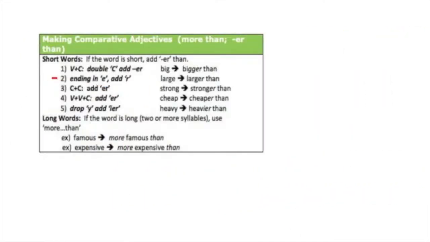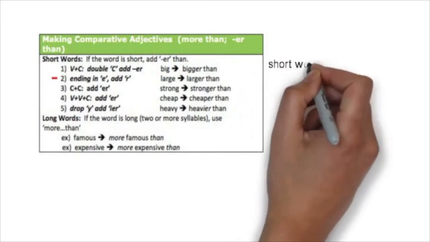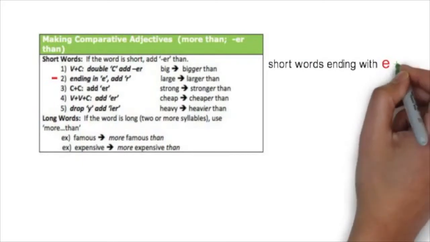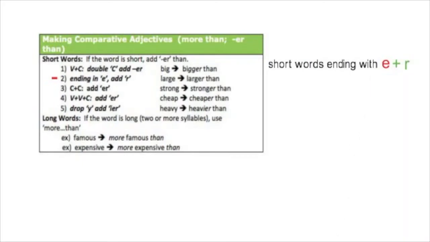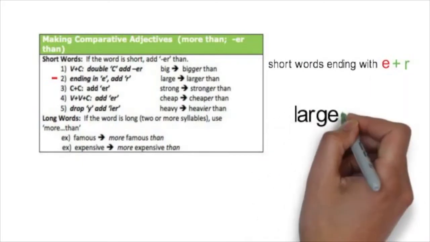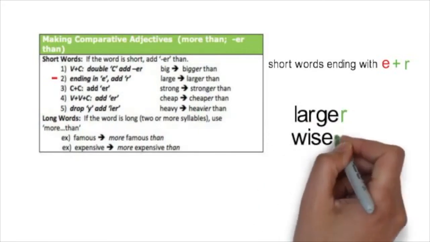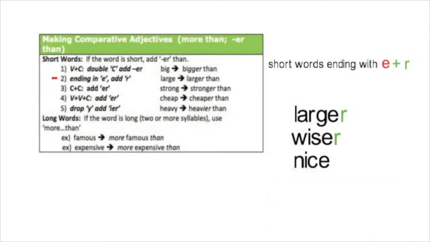Rule 2. For one-syllable or short words that end in E, we need to add R. For example, large becomes larger, wise becomes wiser, and nice becomes... Yes, that's right.